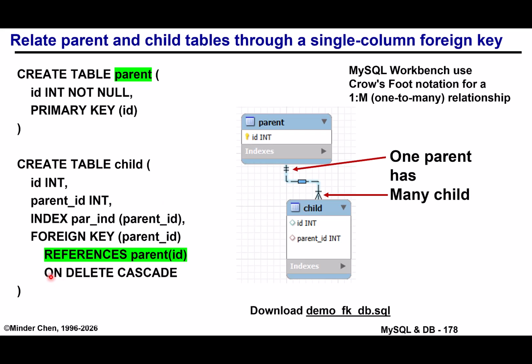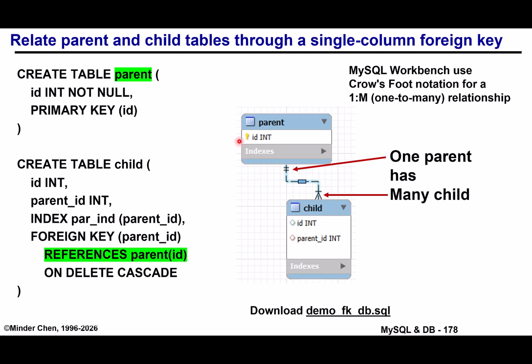Okay, on delete cascade. What does that mean? On delete cascade means if I delete a parent table entry, then all the child rows with the primary key value of that entry will be removed.